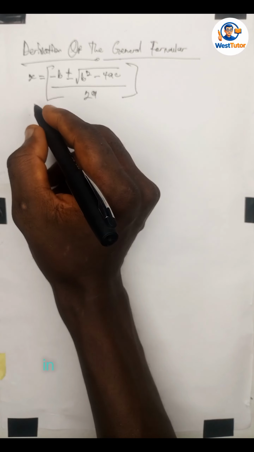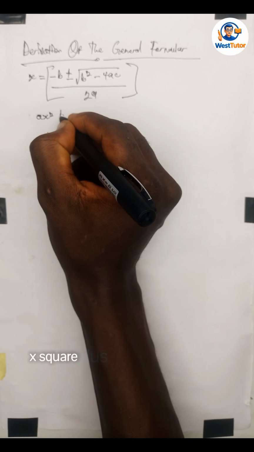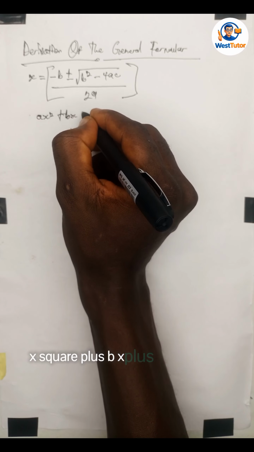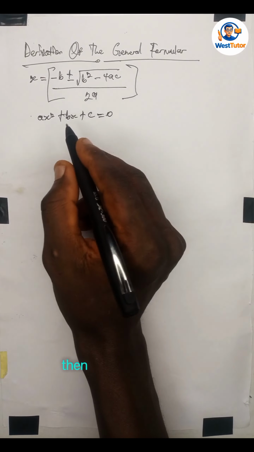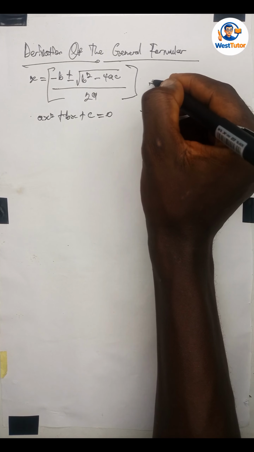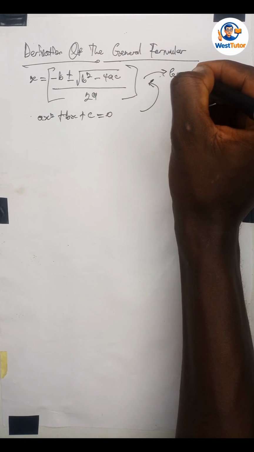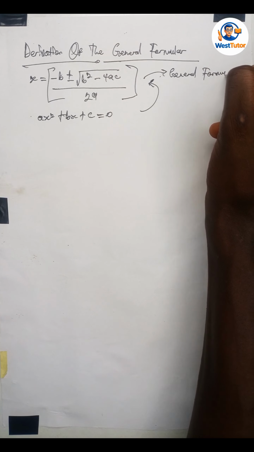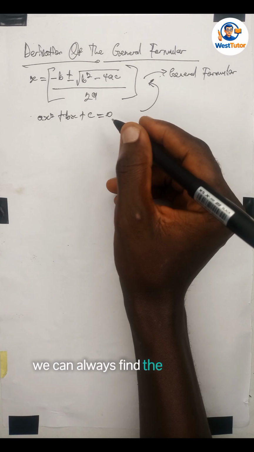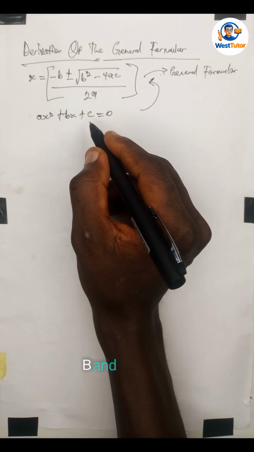That is, in any variable x of the equation ax squared plus bx plus c is equal to 0, using this formula, which is our general formula, we can always find the value of x provided we know the value of the constants a, b, and c.